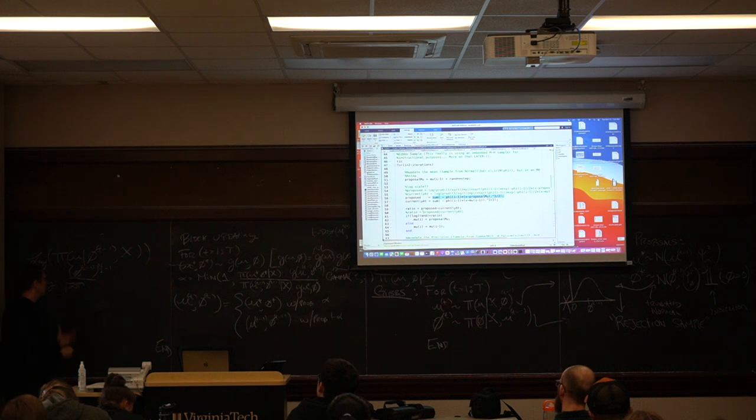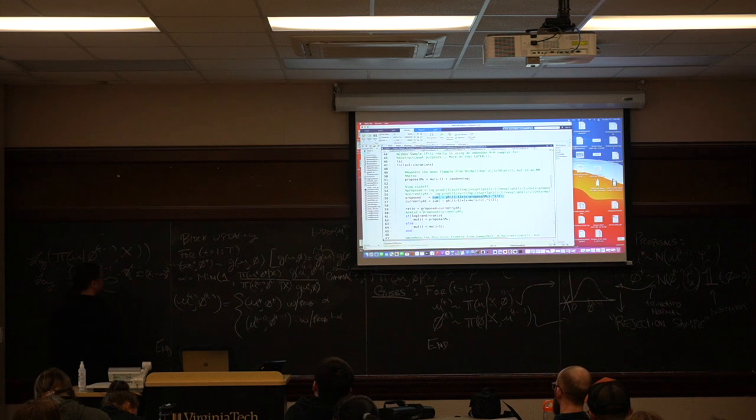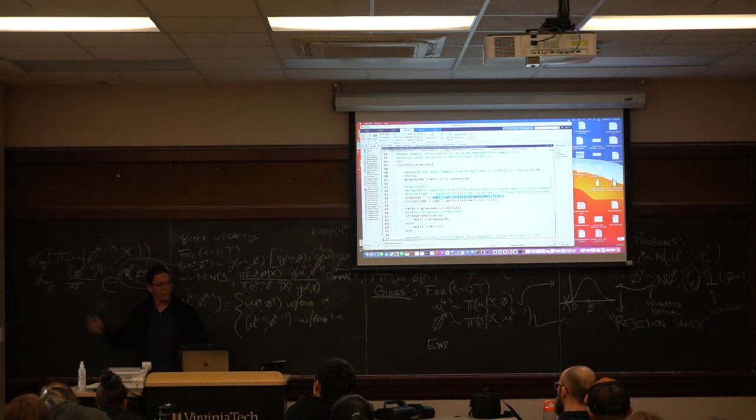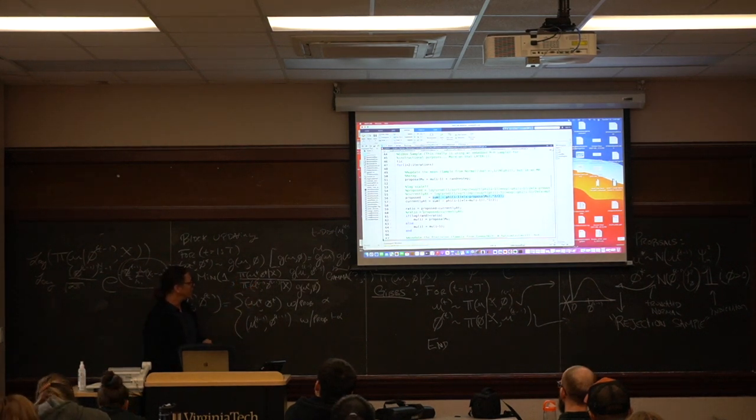I could have buried this part in the prior if I wanted to. But this is going to be e to the minus v t minus 1 over 2 times the sum of the xi's minus mu squared. So all we're seeing is this stuff right here when I take the log. In both the proposed and the current, they have the same phi values.